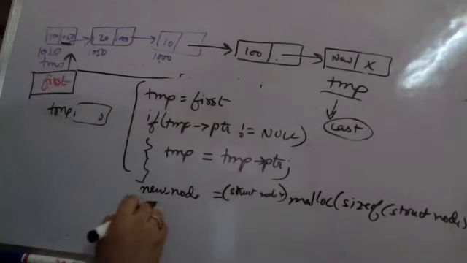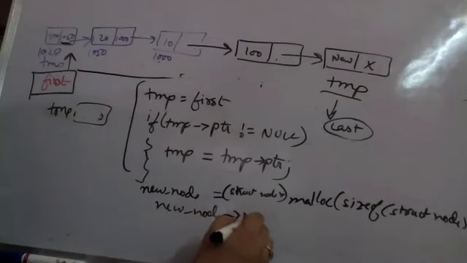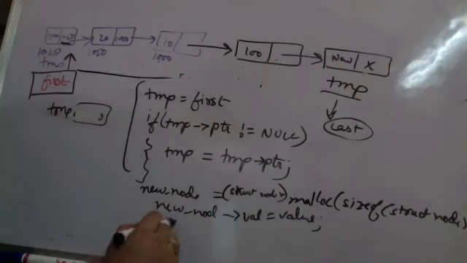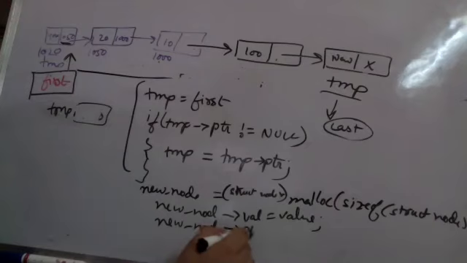Now after doing this, new node value is equal to whatever new value you have to give it, and new node pointer is equal to null. New node का pointer तो null ही होगा.